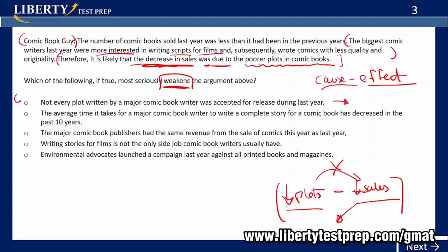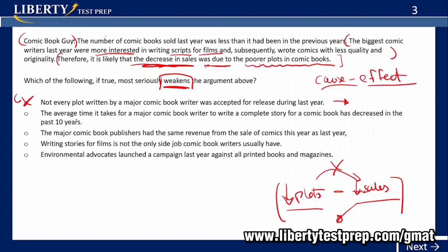Does that break the correlation here? Not every plot? No, right? Why would it break the correlation? It doesn't say anything about sales to start with, just talks about the plot, and it doesn't qualify the plot, whether we're talking about a quality plot or a plot with a lesser quality, so that's not our answer.